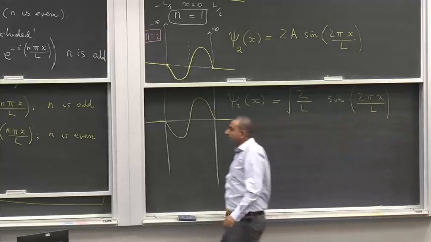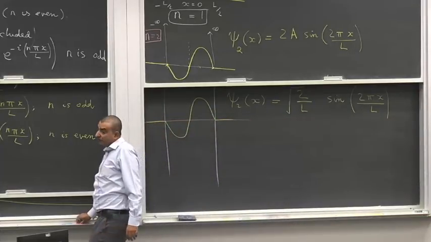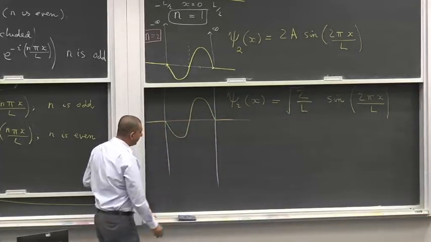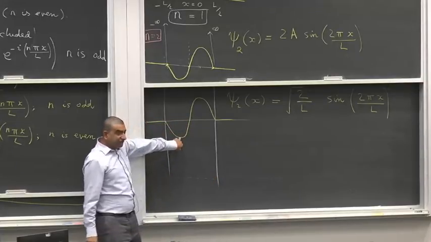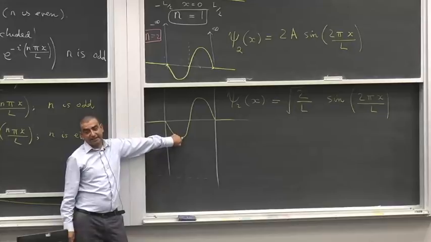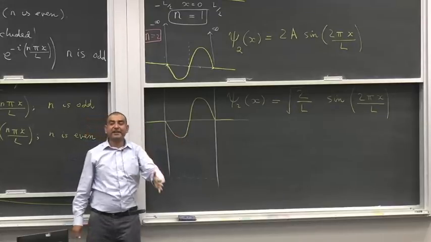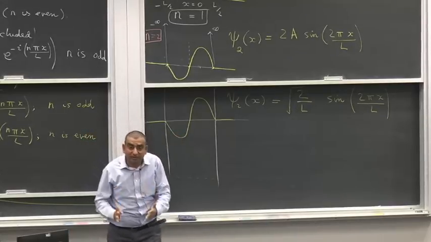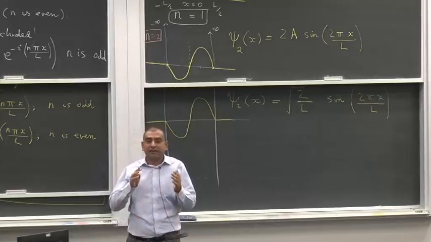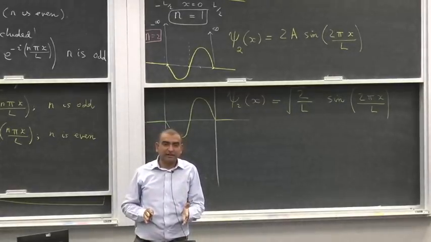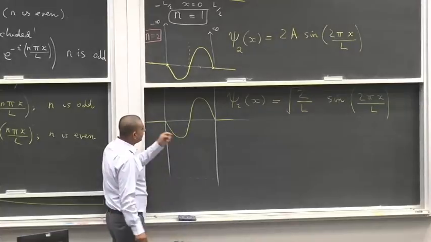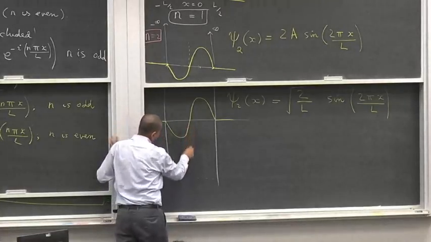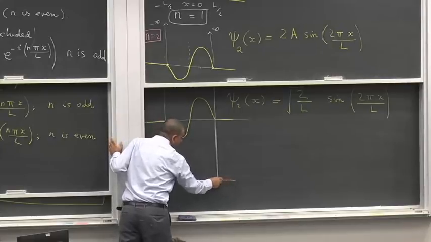And if I were to take a plot of the modulus squared of the wave function, which is the probability density, the wave function can be negative, and it is indeed negative here. But the probability density has to be positive in normal, rational quantum mechanics. It has to be positive. So if I take the modulus squared of this wave function, what do I obtain?